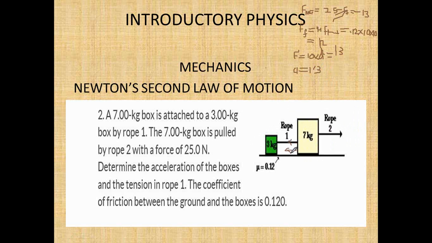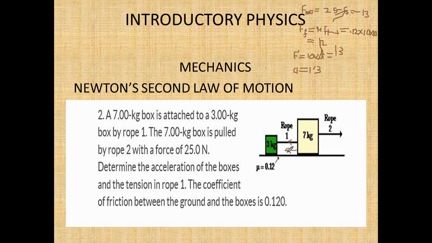All right, so you have to draw the situation. You have one force, 25 Newton, pulling to the right, and then two forces pulling to the left: the tension in the rope and the frictional force. Okay?